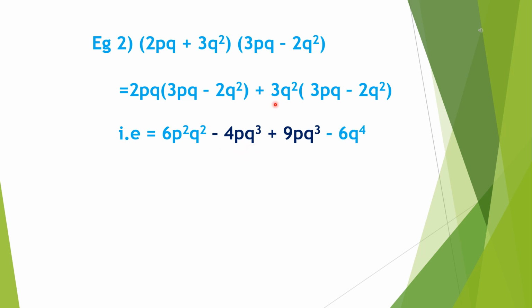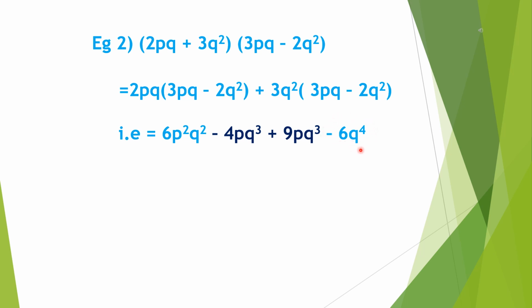Then plus 3q square into 3pq is 9pq cube. 3q square into minus 2q square is minus 6q square into q square is q raised to 4. That is minus 6q raised to 4.